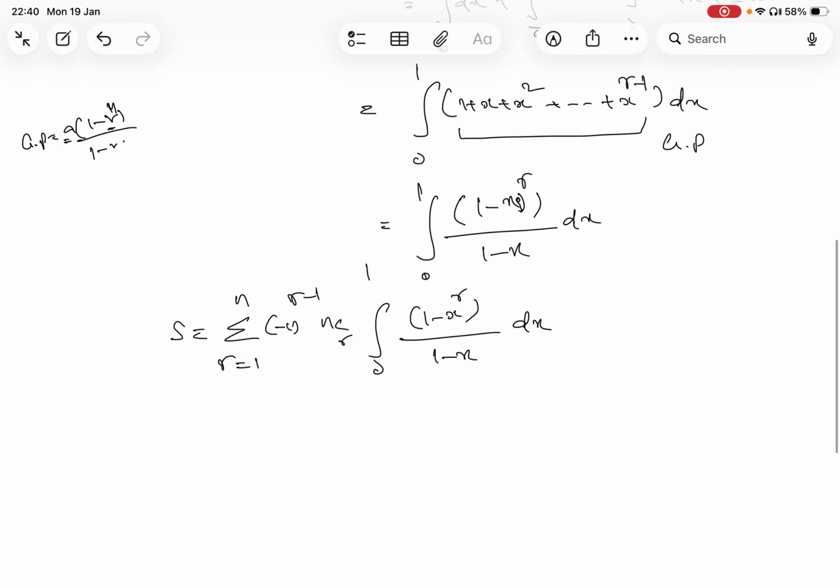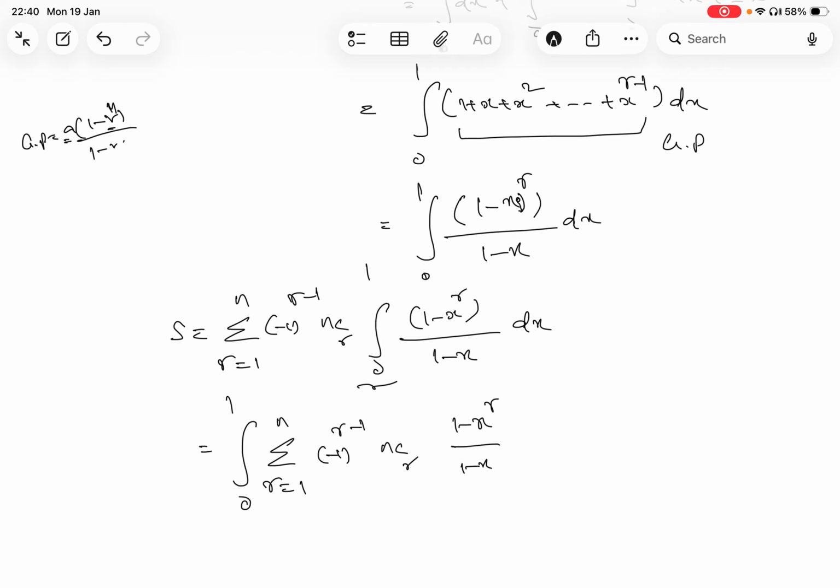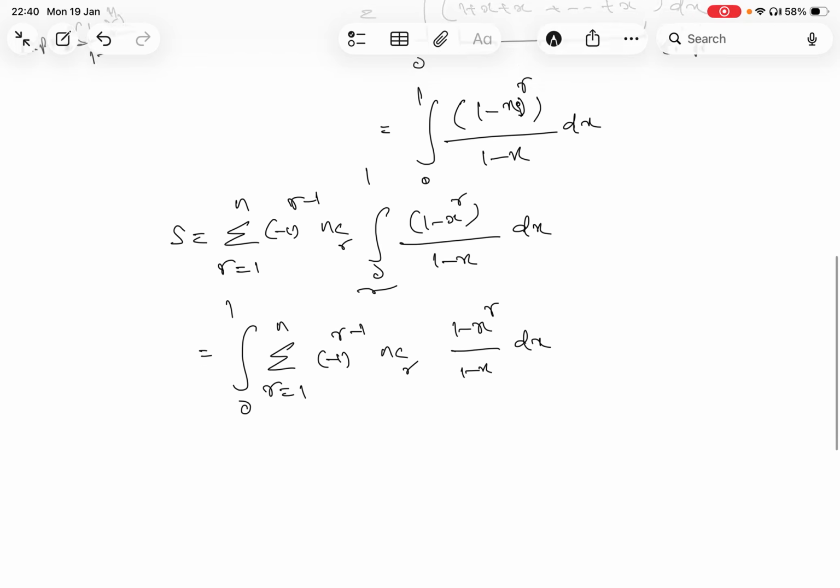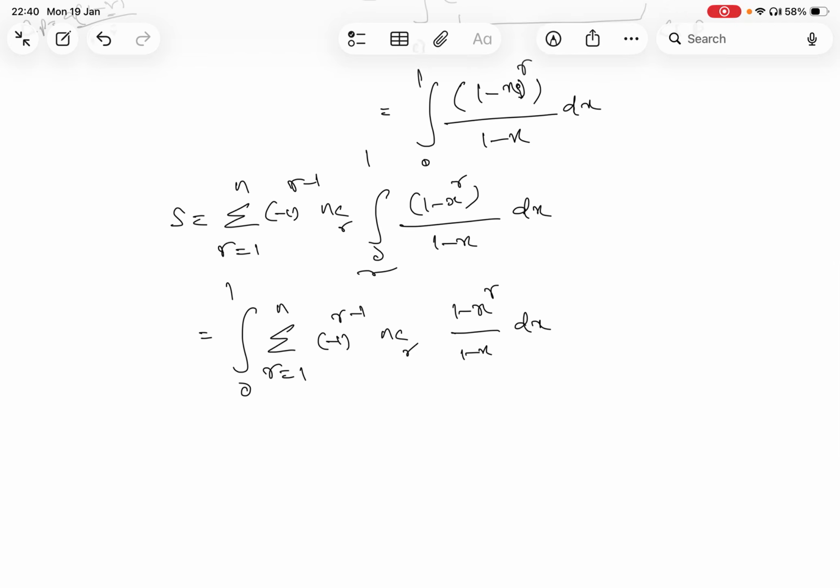Now let's interchange this integral and the summation. Let's keep this integral out of everything: integral 0 to 1, summation r equal to 1 to n of (minus 1) whole power r minus 1 nCr into 1 minus x power r by 1 minus x into dx.